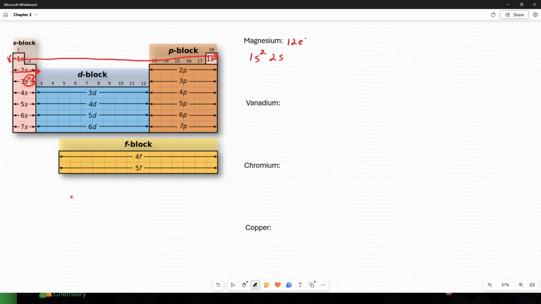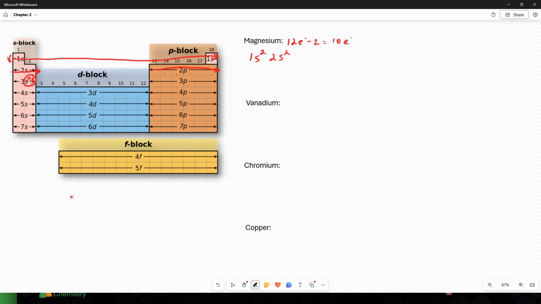Again, we had 1s2, so that's 10 electrons left over. Next is 2s, and again, we pass through two elements in the 2s block. So that's 2s2, that's another 2 electrons. After 2s in the blocks is 2p, and we pass through all 1, 2, 3, 4, 5, 6 elements here.